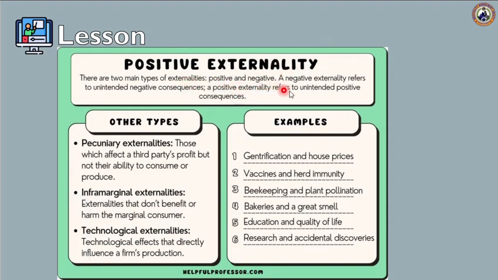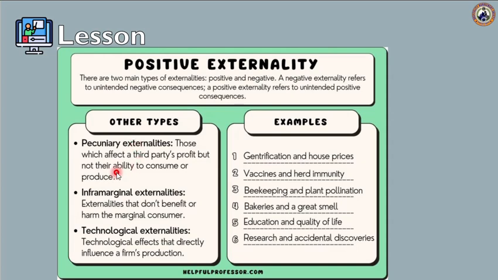A negative externality refers to unintended negative consequences. In every business operation, there will be a positive and negative. So the negative externality refers to the unintended negative consequences, the result of this business operation. On the other hand, the positive externality refers to unintended positive consequences.